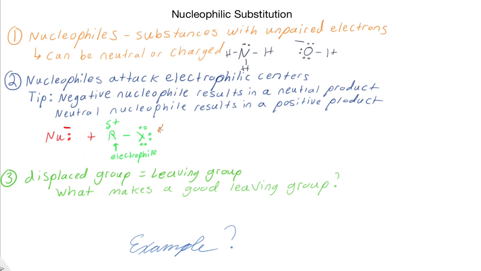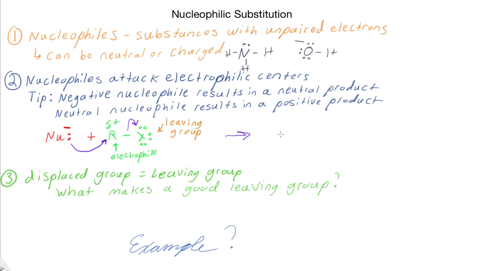So much for color coding. Leaving group. And like I said, this nucleophile will attack that electrophile. So show this arrow attacking it. And this R-X bond will break off.